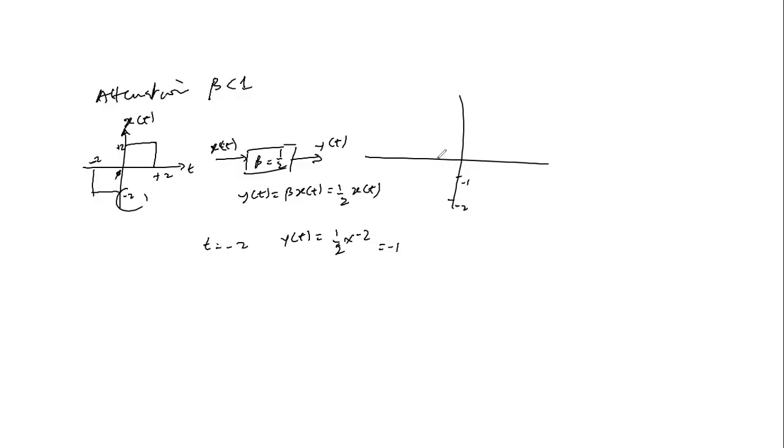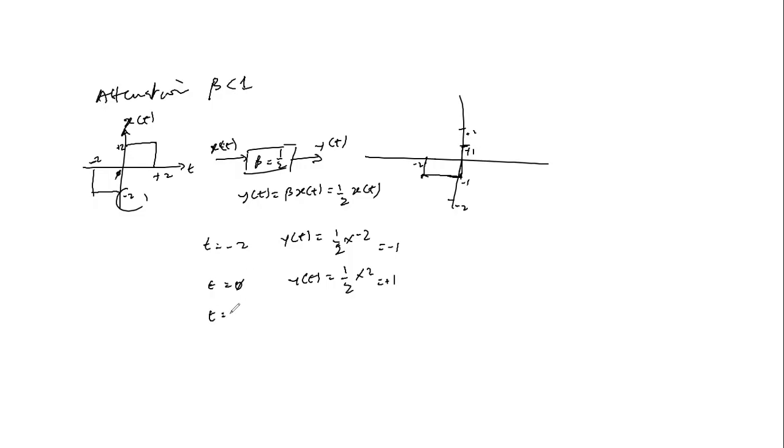Then at -2, the amplitude value is attenuated. Now at t being the same as 0, the amplitude is +2. And there y of t is the same as 1 over 2 times 2, which is equal to +1. So this is +1, and this is +2. Then this is what we get.